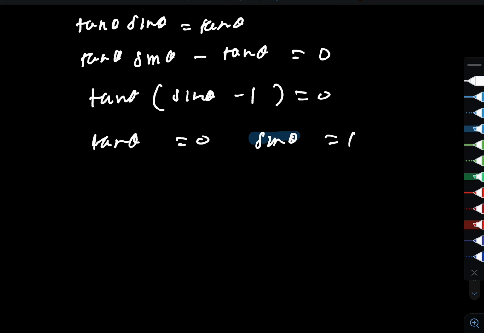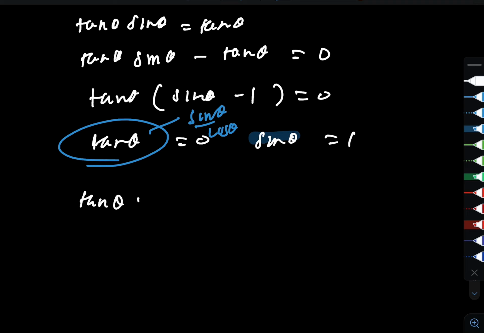What I'm interested in is finding the value of the variable θ for which this will be undefined. And the tangent is the one that has sine θ over cosine θ, so the denominator is cosine θ. So the tangent θ is going to equal 0.